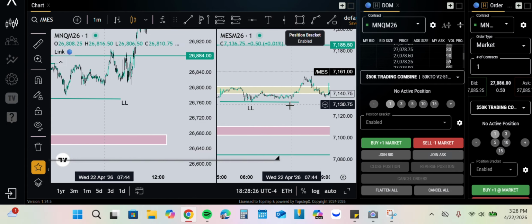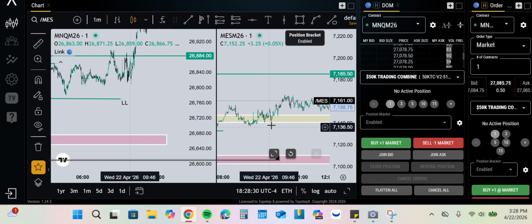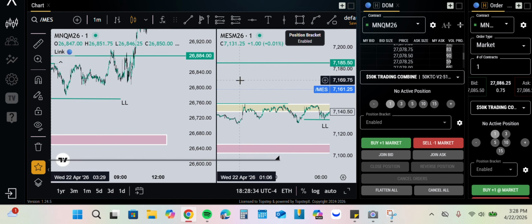So it's consolidating all this time, and I wanted it to pass the fair value gap, and I also wanted it to pass Asia high and London high.